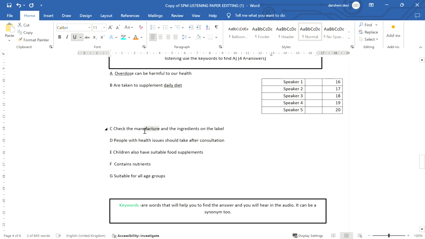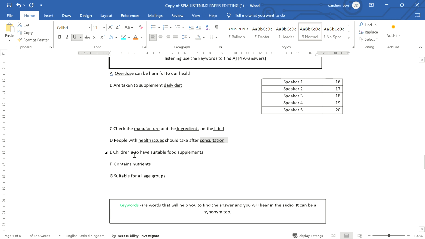Manufacture is a keyword. So that means there will be a speaker who will talk about manufacture, who will talk about ingredients, and then who will talk also about labels. Who knows? These are all the keywords. Health issues, keywords. Maybe there will be a speaker who will talk about health issues and consultation. So these are all the keywords.